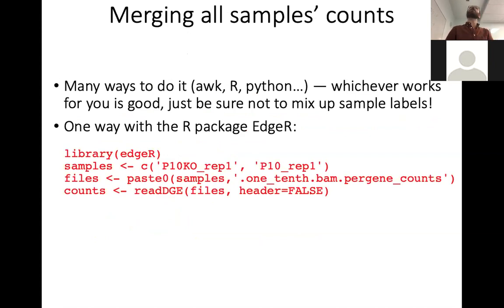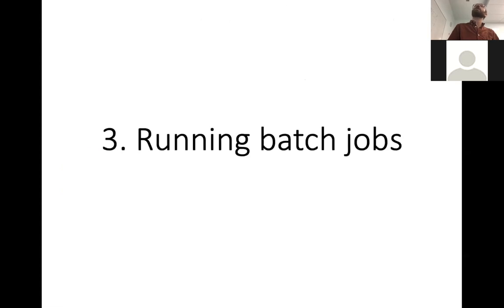And then you have as many files as you have samples, each with the gene counts for the sample. You need to merge all these files, and this is one way to do it. I'm not sure if you're going to use that in the R workshop next week, but that's one way anyway. There are a million ways to do it; whichever works for you is good.